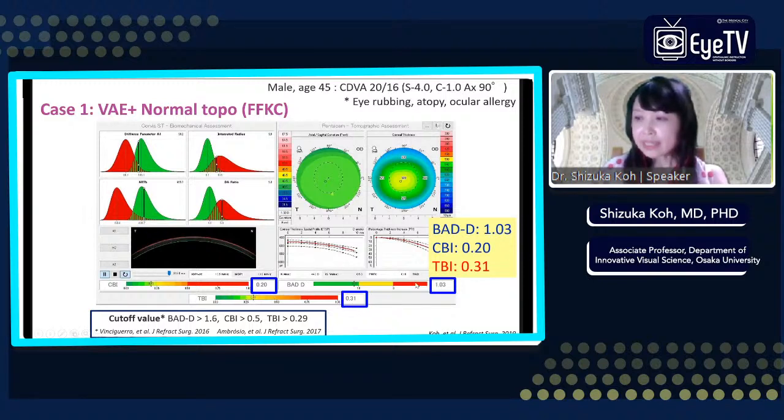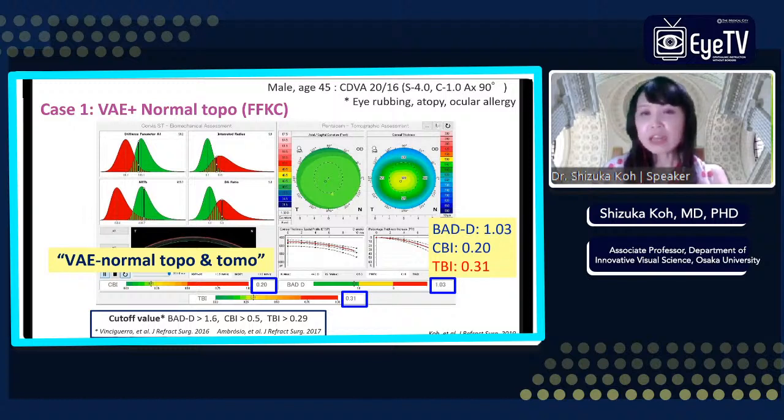However, only the TBI was abnormal based on the cutoff values. Subclinical ectasia was detected only with TBI. We may call such kind of eyes a very asymmetric ectasia with normal topography and normal tomography.